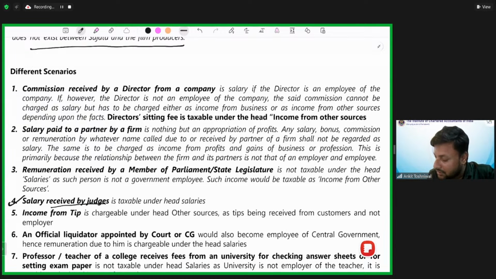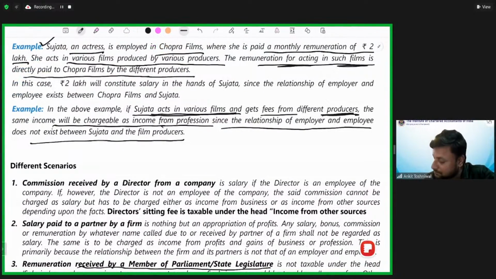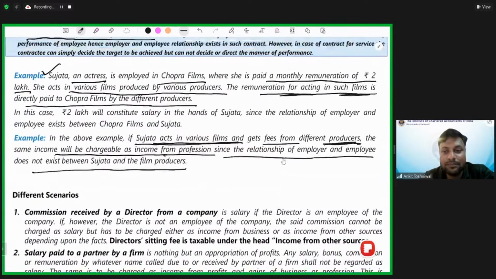Third point, remuneration received by a member of parliament or state legislature. Is it taxable under the head salary? MP and MLA's salary, is it taxable under the head salary? No. There is no employer-employee relationship.